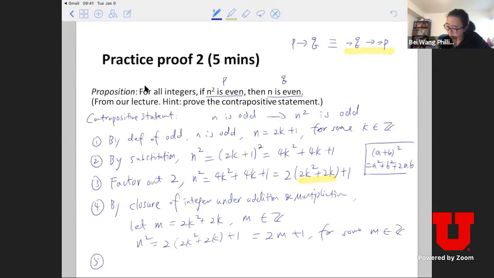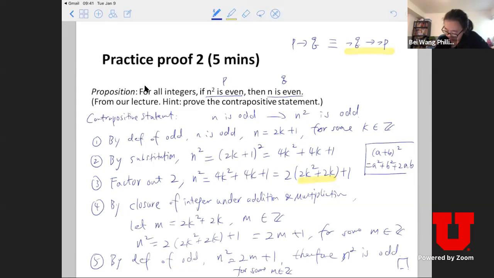Then last bit is again by definition of odd integer. n squared is equal to 2 times some integer plus 1. Therefore, for some m integer, therefore n squared is odd. Okay, so that is the end of the proof.